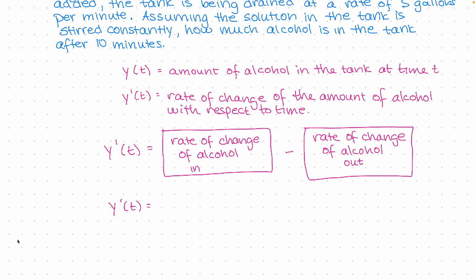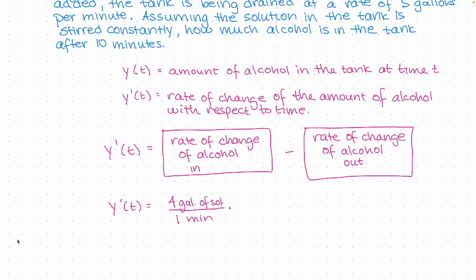We know that solution is being added at a rate of 4 gallons per minute. So we have 4 gallons of solution per minute coming in. And that solution is 50% alcohol.